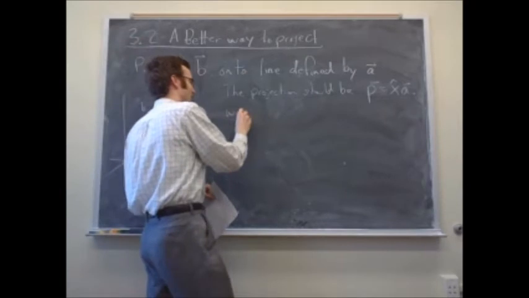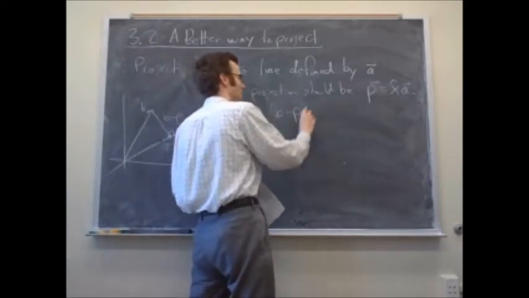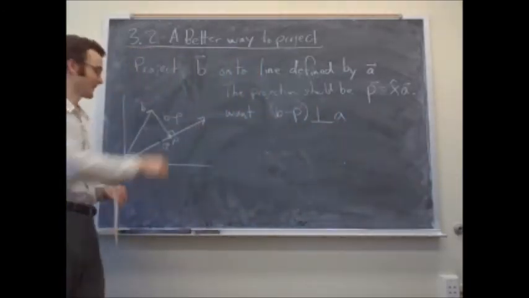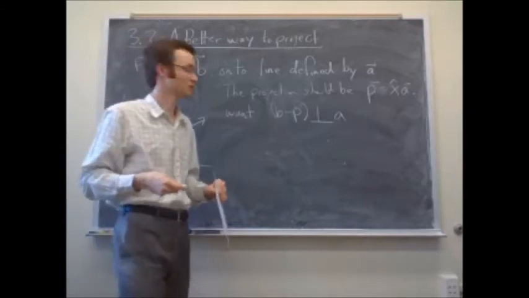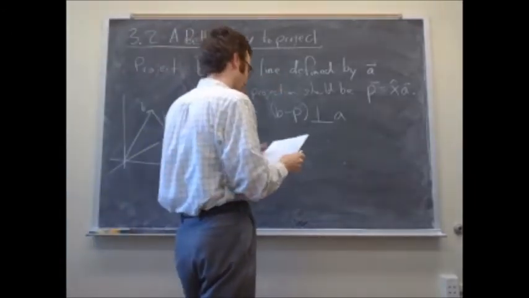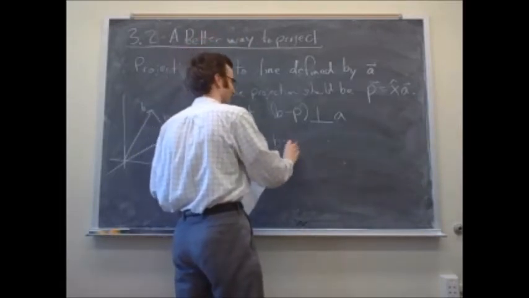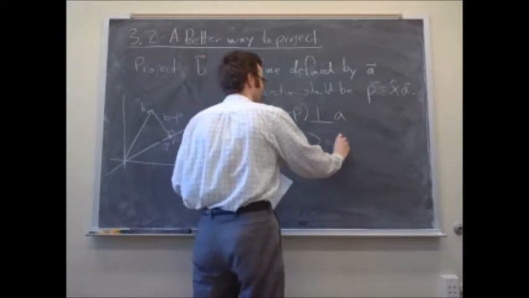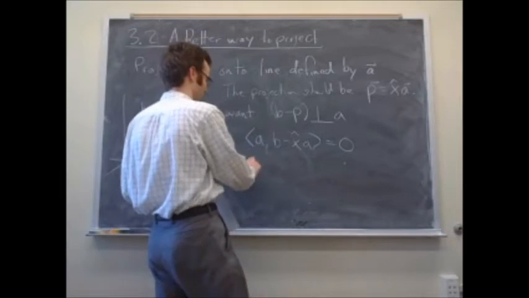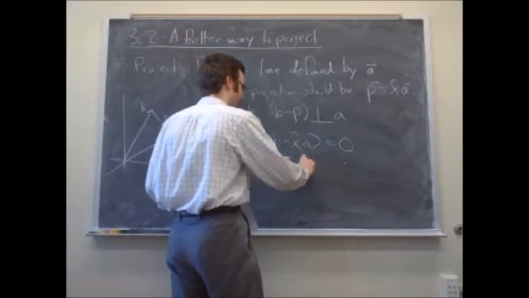What we want then is we want the line between them to be orthogonal to A. Remember, that's what we meant by the projection. That will give us the closest point. So if we use this formula, this says that we want the inner product of A with B minus x hat A to equal 0. Well, this by definition is A transpose (B minus x hat A).